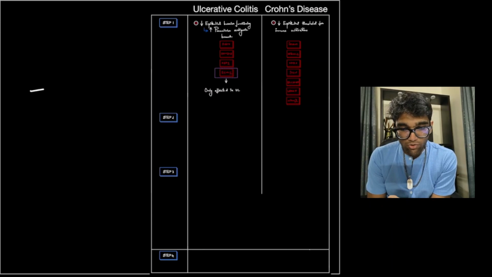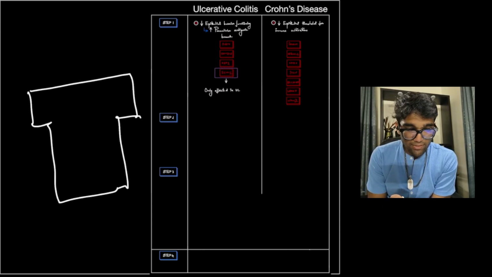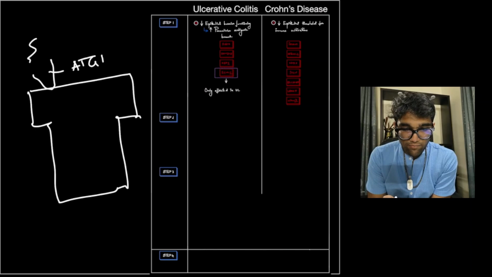If you recall from the initial discussion, this was your epithelial cell. The epithelial cell was endocytosing bacterial products, and that was using ATG16L1.